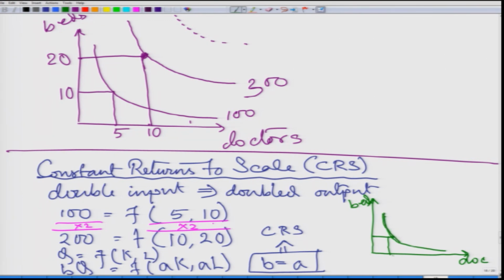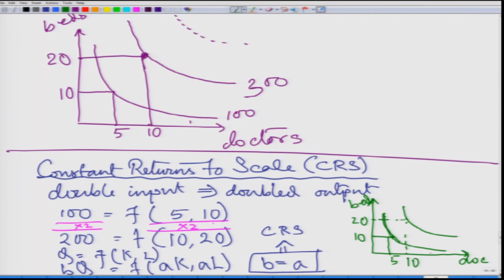If this is 5 and this is 10, and if I increase my scale by 2 units, where I have 10 doctors and 20 beds, I can observe that my isoquant exactly doubles.